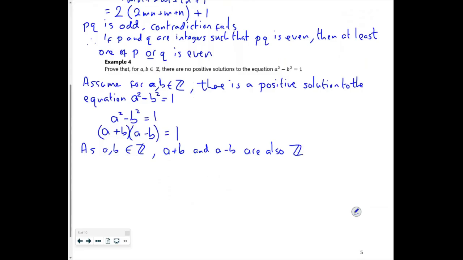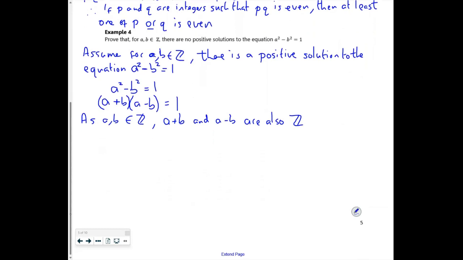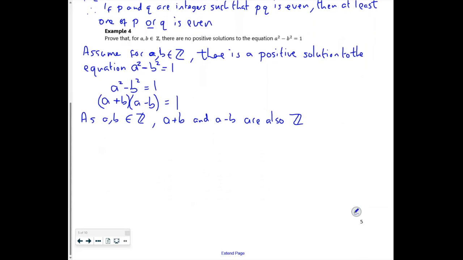Right then. Let's have a go at this one then. What if one of them was equal to 0? Well, no, actually, don't say that.